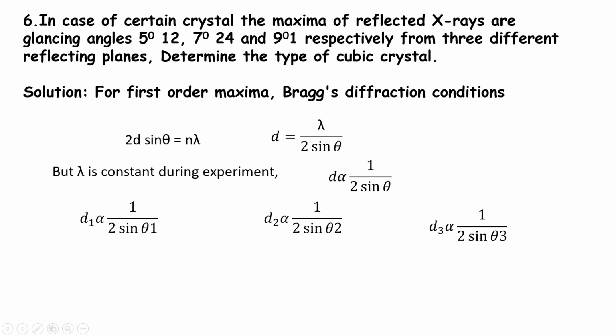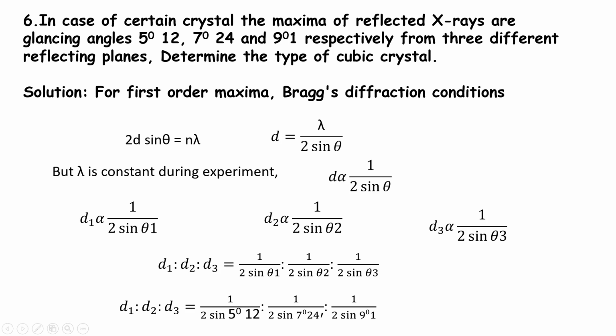So we can express this equation in this way. d1 is directly proportional to 1 upon 2 sin theta 1, d2 is directly proportional to 1 upon 2 sin theta 2, and d3 is directly proportional to 1 upon 2 sin theta 3. By taking the ratio of these three equations, we get d1 : d2 : d3 is equal to 1 divided by 2 sin theta 1, 1 divided by 2 sin theta 2, 1 divided by 2 sin theta 3.